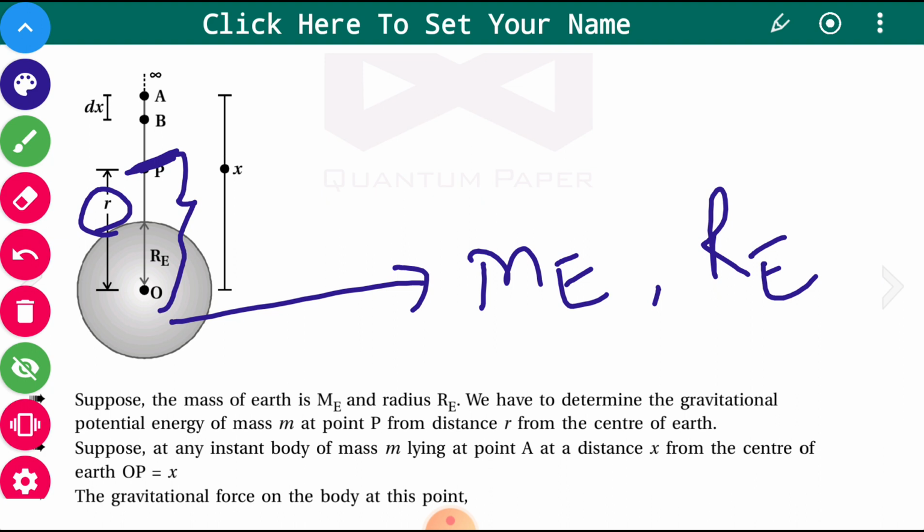And the object earlier was at, say, point A. Say the point A is the point where the object is situated earlier, which is situated at distance x from the center of the earth.